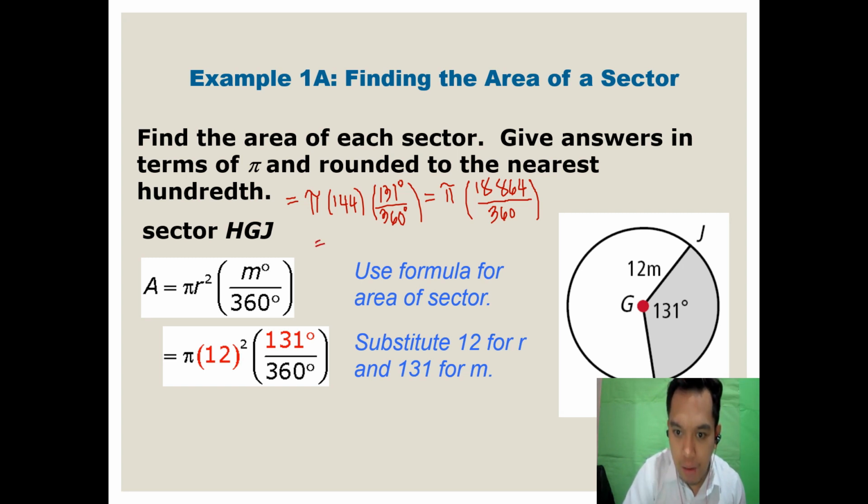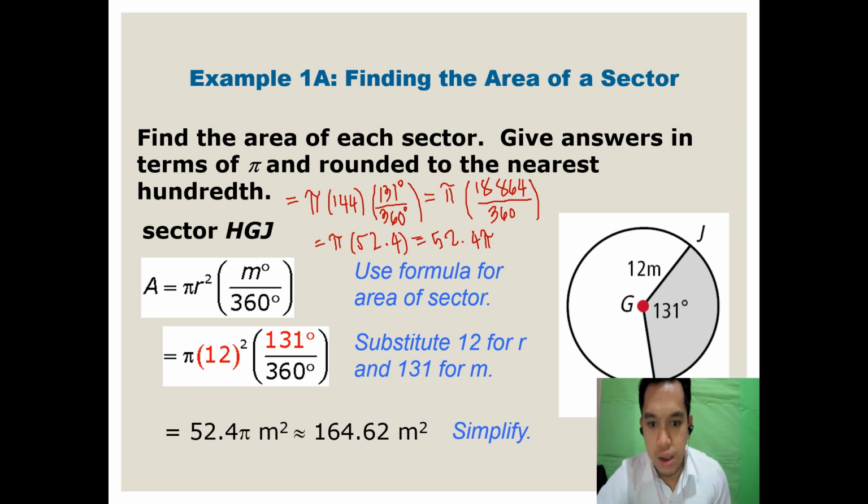So that is pi times 52.4, or 52.4 pi meter squared. That is our unit because our radius is in meters. Don't forget to write the unit in your final answer. So 52.4 pi meter squared.